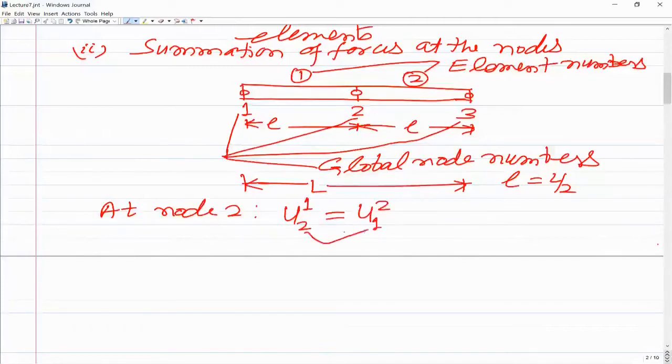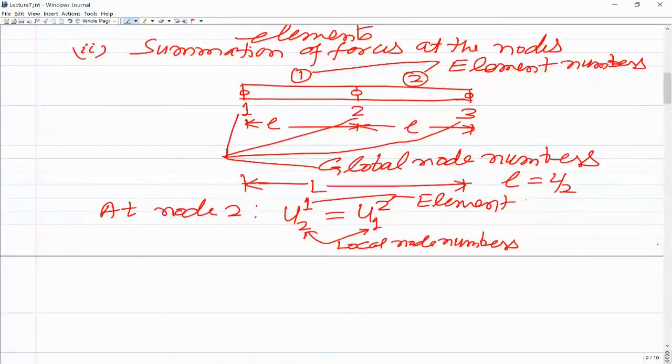In this notation, when I am writing this, the subscripts are the local node numbers and the superscripts are element numbers. What I am essentially saying is that when we look at global node number 2, this is the second node of the first element.